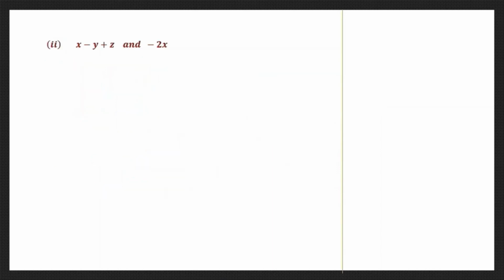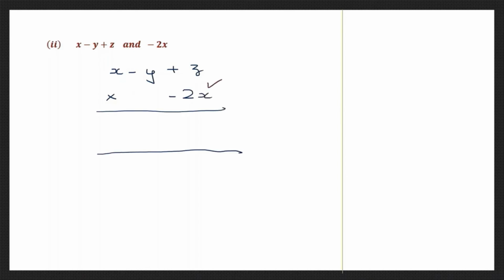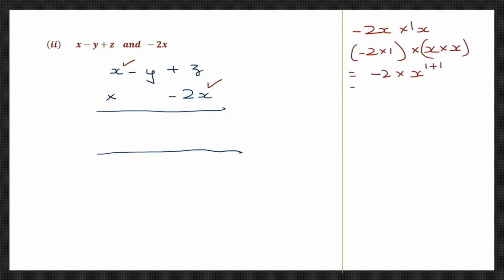Question 2. x minus y plus z into minus 2x. So now let's multiply minus 2x into x. So minus 2x into x. So let's take the numbers. It's minus 2 into 1 and x into x. So that will be minus 2 into x to the power of 1 plus 1, minus 2x squared.